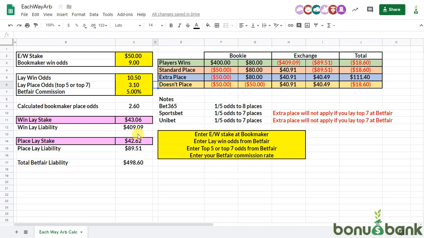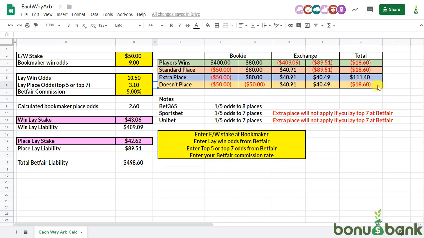So if we were to lay these amounts after backing $50 each way, we would have 4 potential outcomes. One of them would be that Dustin Johnson wins, in which case we would make a loss of $18.60. The next one is that we get the standard place. So this basically means that he finishes in the top 5, and again we would lose just over $18.